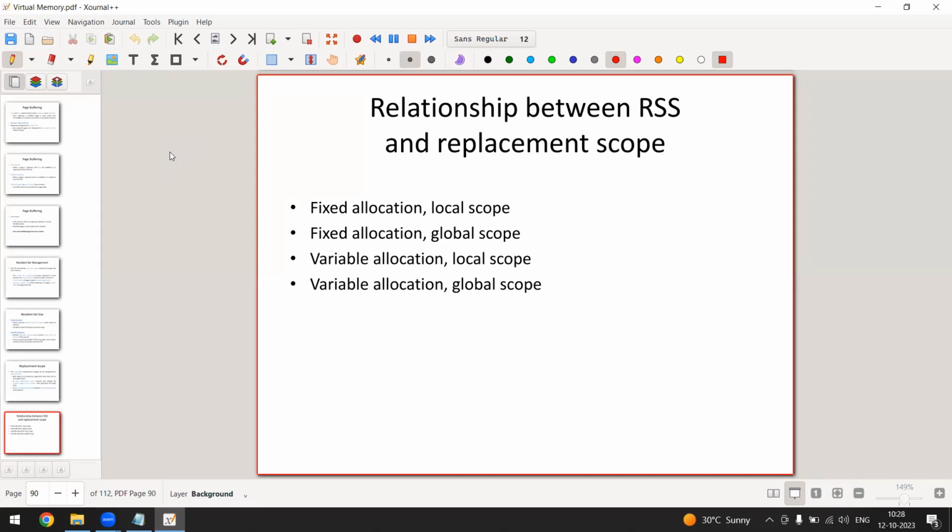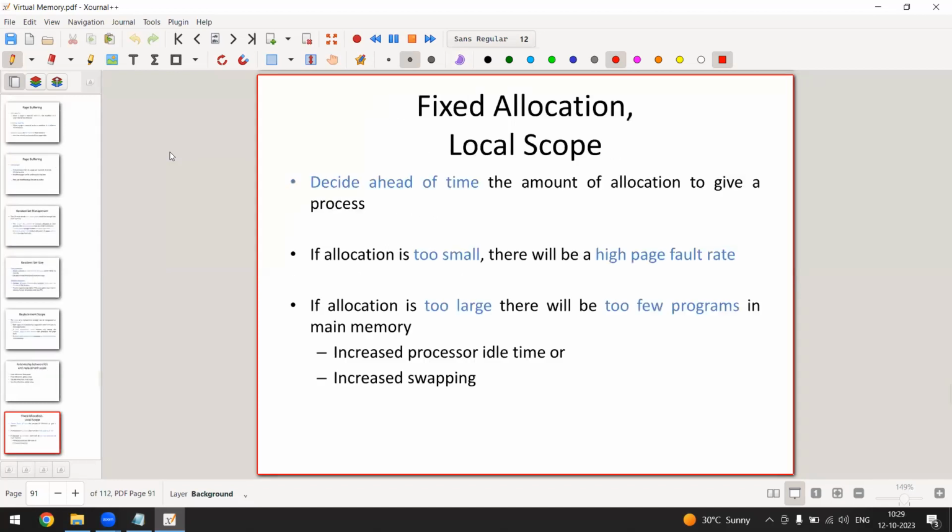Based on this, I can generate 4 combinations: fixed allocation, local scope; fixed allocation, global scope; variable allocation, local scope; and variable allocation, global scope. These 4 possibilities I can have, and each one has some implications.